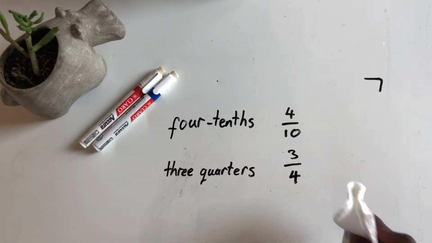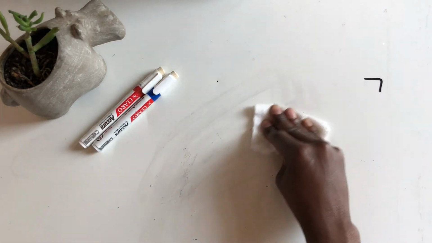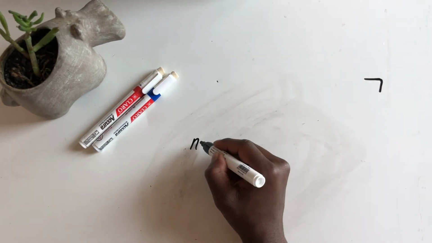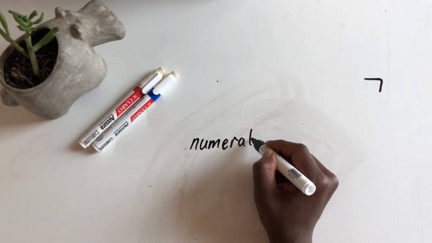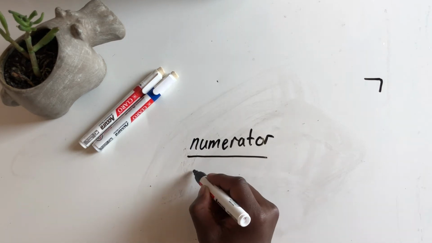Now, if we look at how fractions are represented, we always have the same two things. These two things are known as the numerator and the denominator.